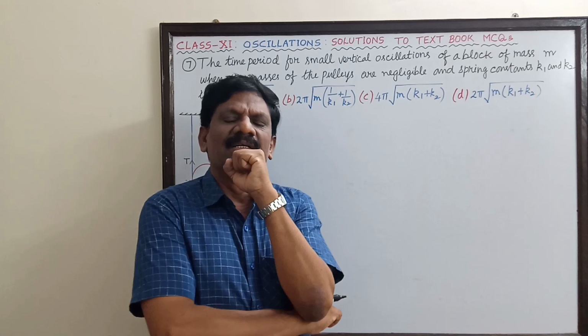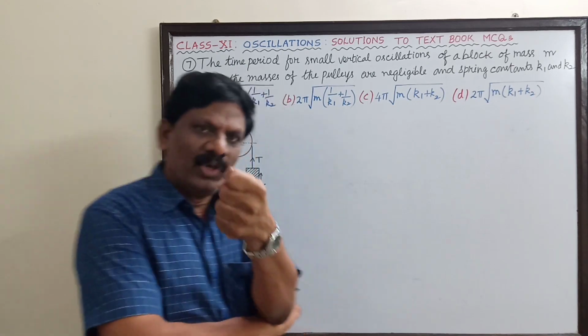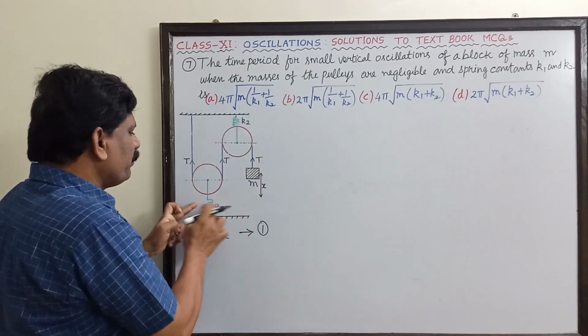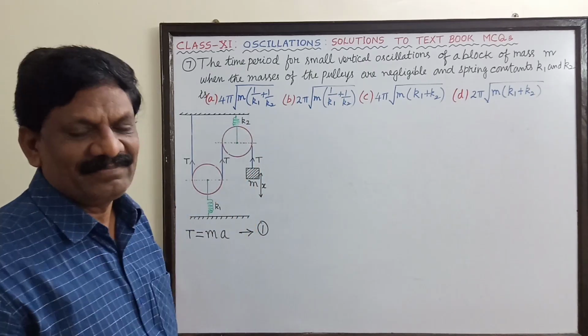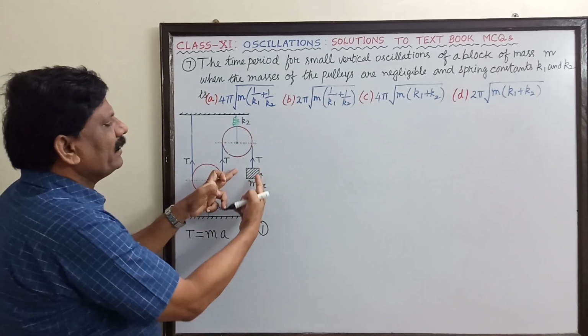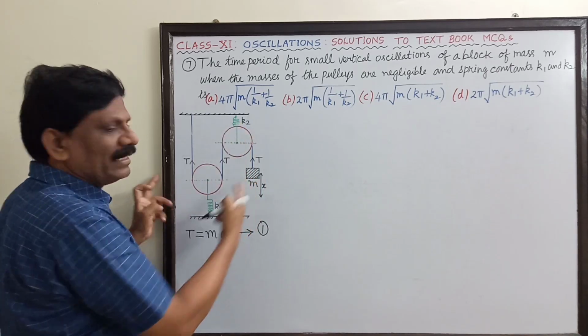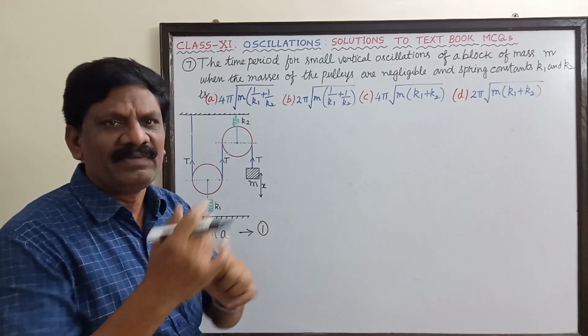Next, when I pull the load in the downward direction, these two springs will be stretched. You can see here all these pulleys, the springs and the mass are all connected with each other.